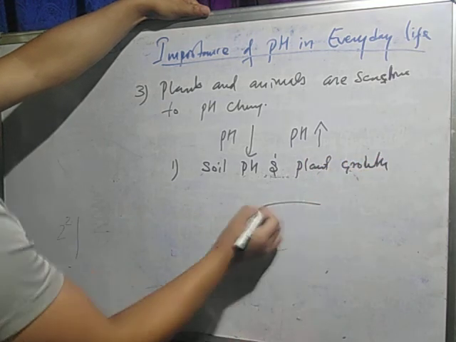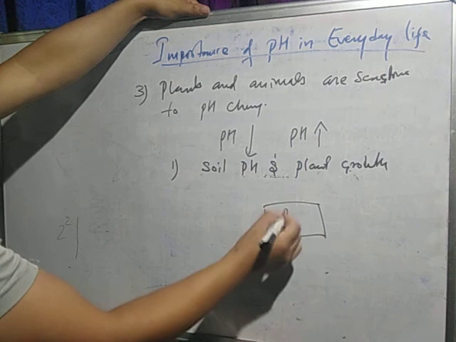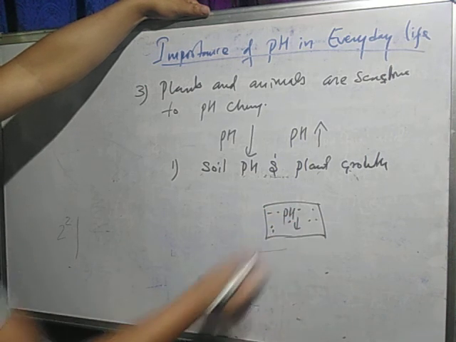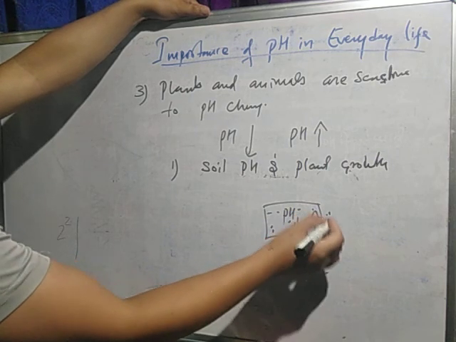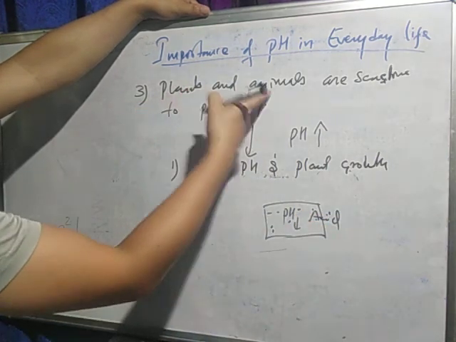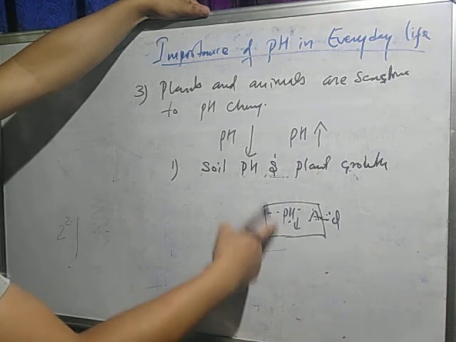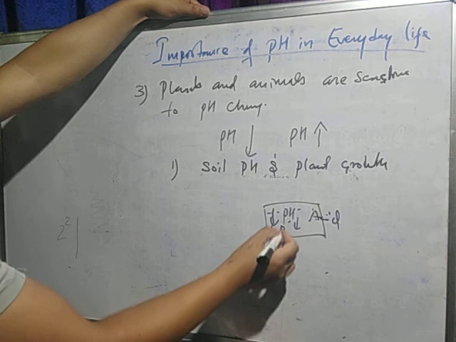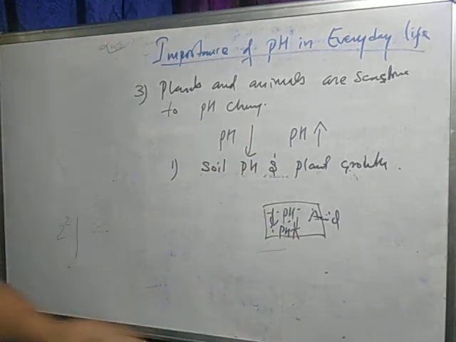If you have soil and the pH decreases, that means this area is acidic, isn't it? So your plants and animals cannot survive. To neutralize this, we have to put some base, so the pH goes up and this will neutralize.